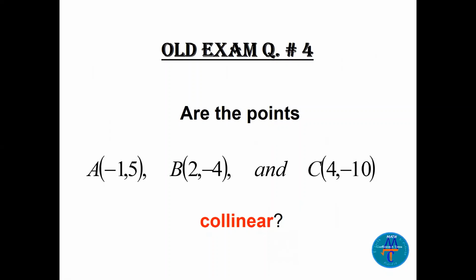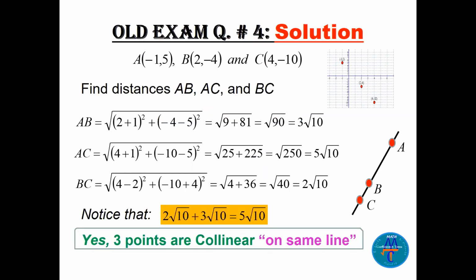Maybe yes, maybe no. There's also another easier method we can see later when we take the slope. But now we can use distance. Even if I draw a little drawing of ABC, you cannot figure out if this is the same line. You have to find the distance.